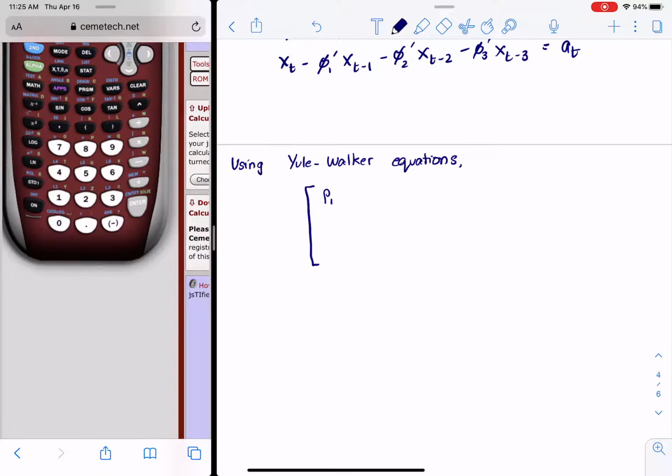So we have rho 1, rho 2, rho 3. I'm extending the standard 2 by 2 case to a 3 by 3 case.